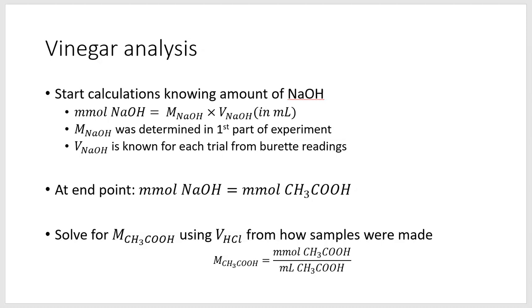So this millimoles of NaOH will be different for all three trials because we'll have slightly different volumes of NaOH. Therefore, at the end, we can say the millimoles of NaOH are equal to the millimoles of acetic acid at the end point, and we can solve for the molarity of acetic acid.